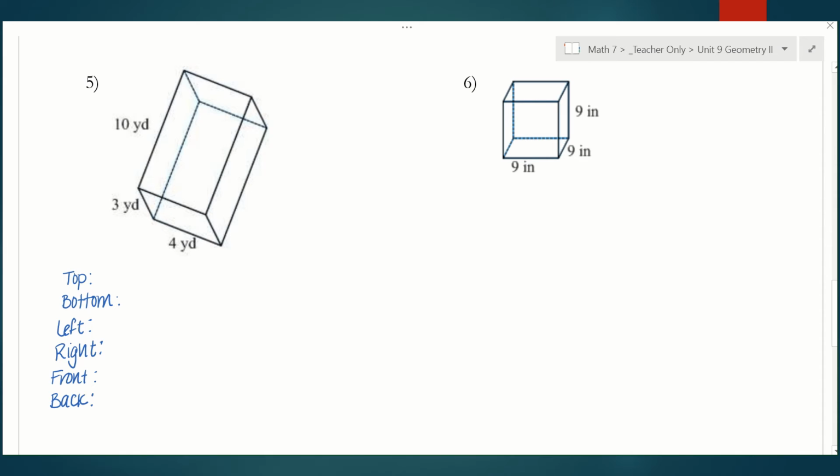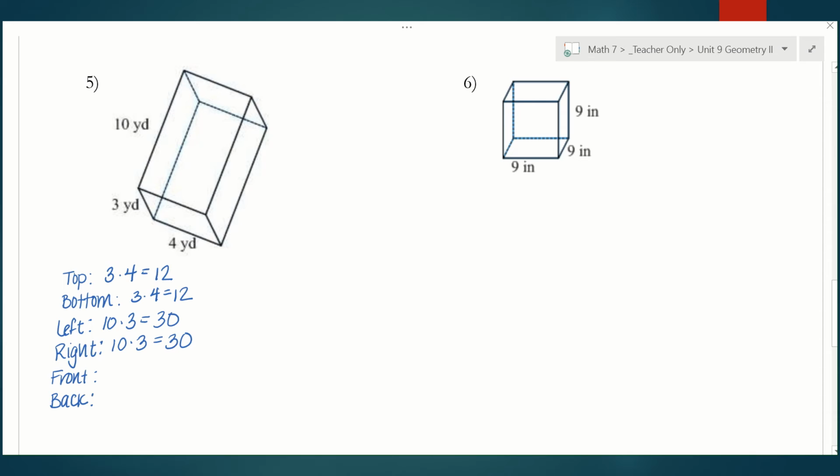Okay, so the top and the bottom, I can see, right here's the bottom. So that's 3 by 4, which is 12. Okay, my left and right, I'm going to go with the left side here. So that side is 10 by 3, which is 30, same as the right. And then I'm going to do the front and the back.